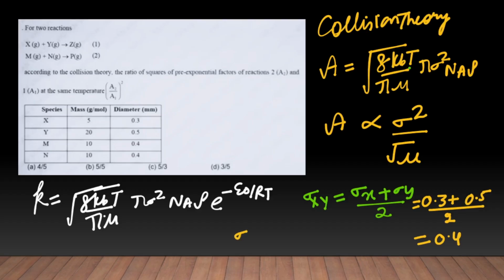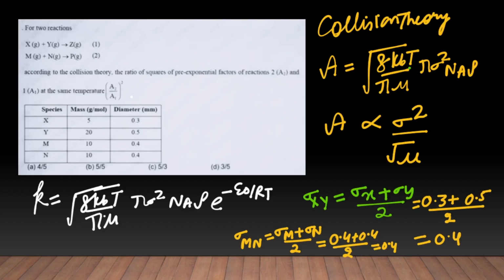Similarly, sigma for mn will be equal to sigma of m plus sigma of n upon 2, that is 0.4 plus 0.4 upon 2, which is equal to 0.4, which means for both of them the sigma value that we are getting is the same. We need the ratio now, that is A2 by A1.